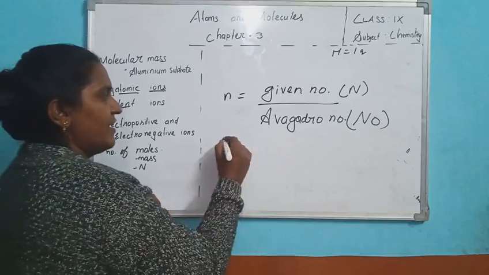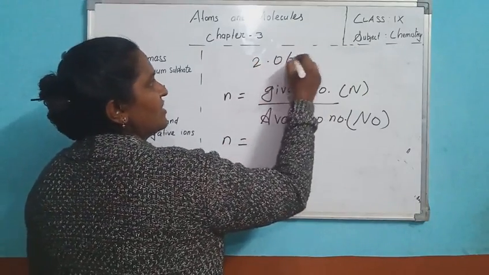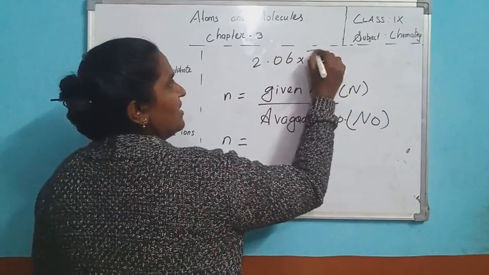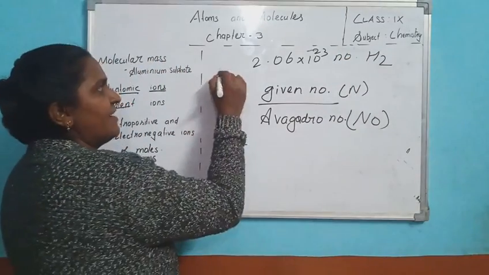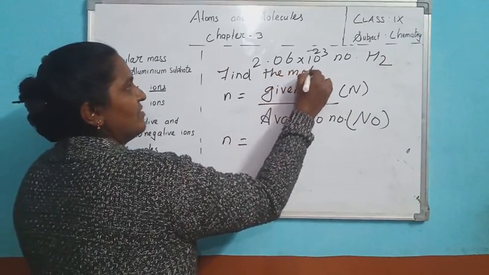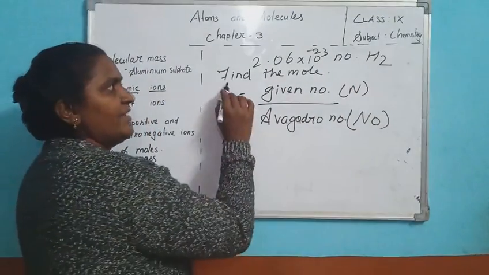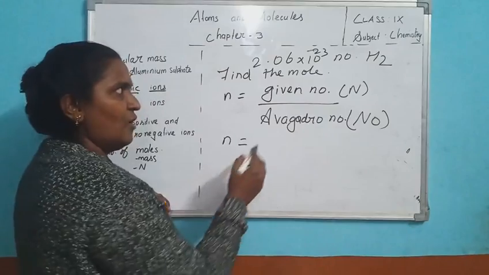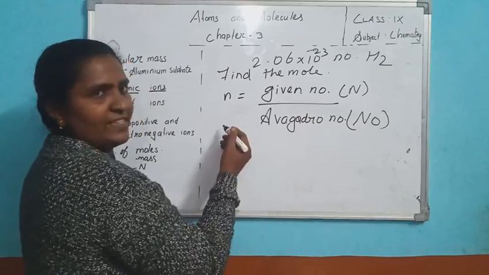Number of mole equals, you are having 2.06 into 10 raised to 23 number of hydrogen molecules, and find the mole. This many number of hydrogen is provided, and they are asking you to find the mole. If the number is given, number by Avogadro number, you will get the mole.